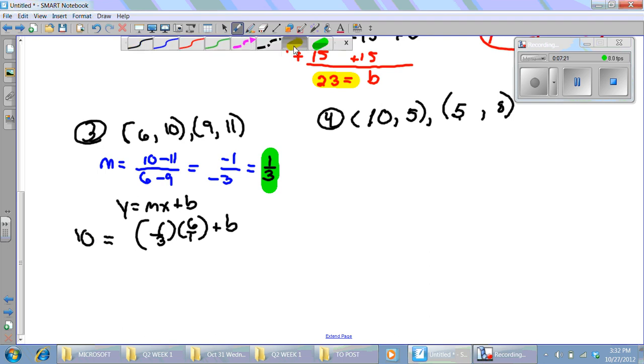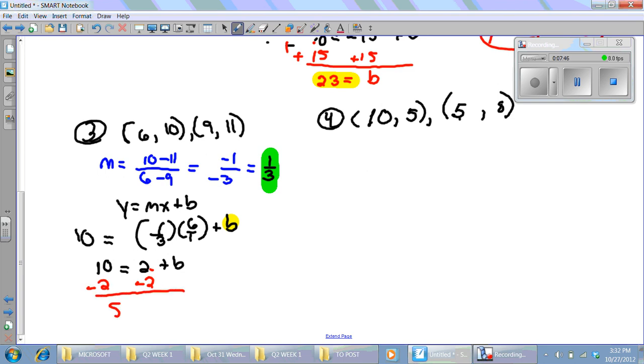Okay, so remember I'm looking for b, so let me see here, 10 is going to equal 1/3 times 6, I believe, comes out to be 2, plus b. I'll subtract 2 from both sides. 8 equals b. And now I know that b is the same as 8.